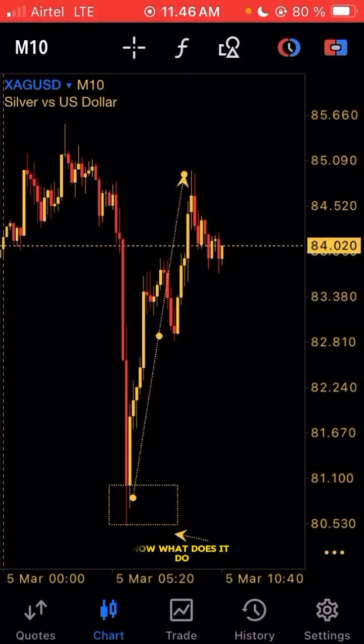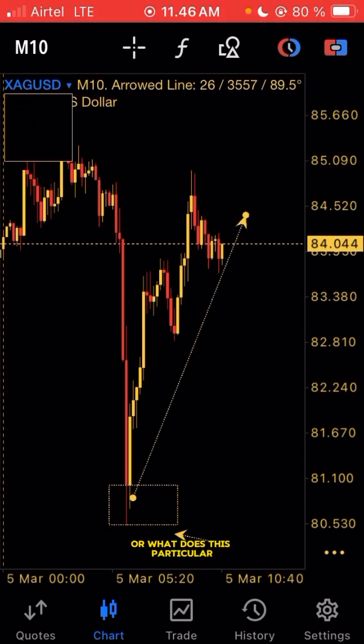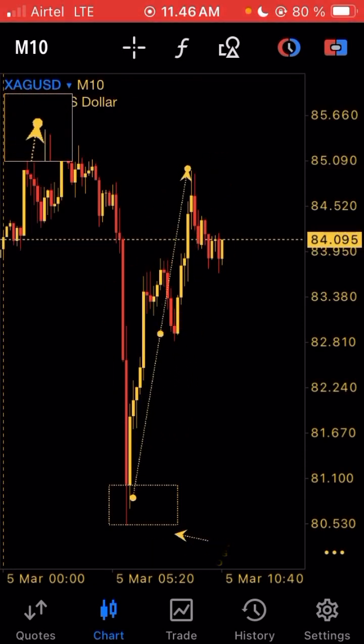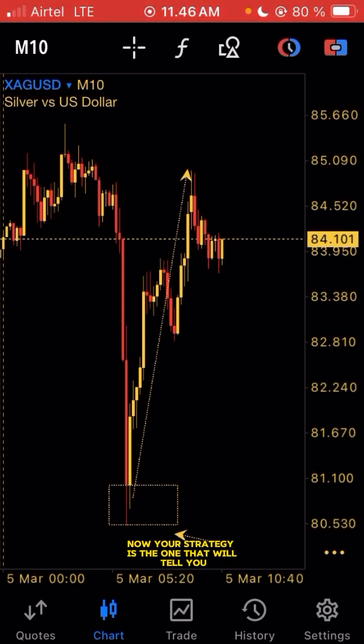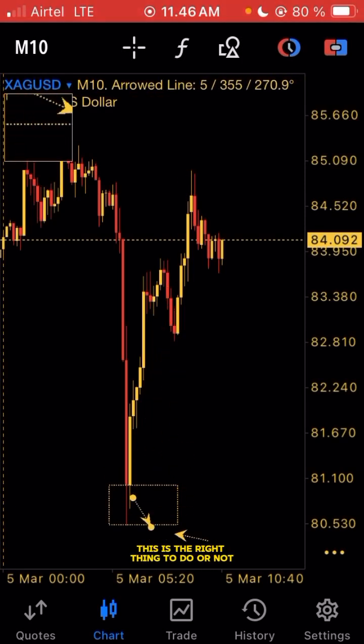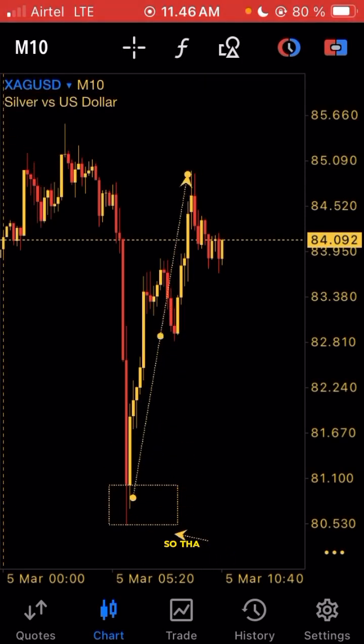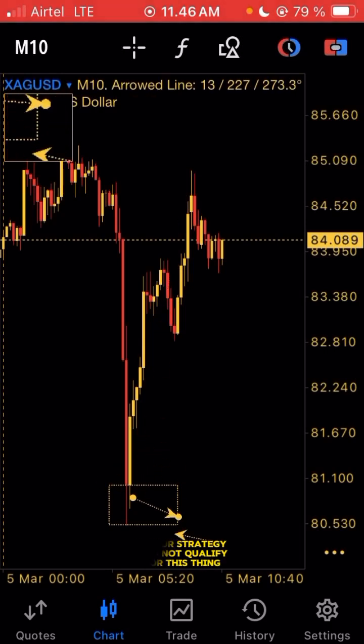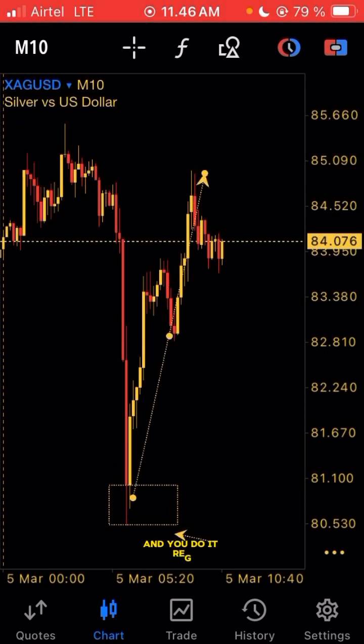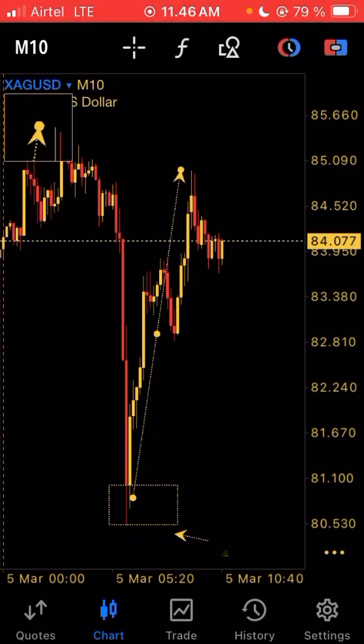Now, what does this particular thing help you to do? Your strategy is the one that will tell you this is the right thing to do or not, so that your win rate will not be affected. If your strategy does not qualify for this and you do it regardless, in the long run, it can happen.